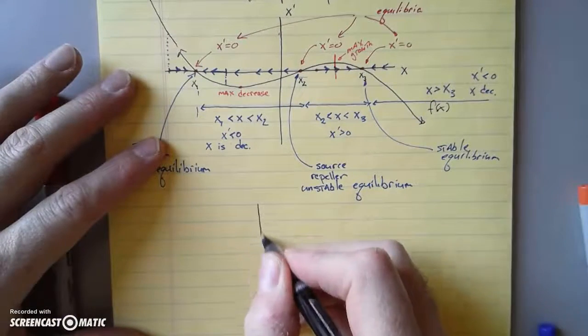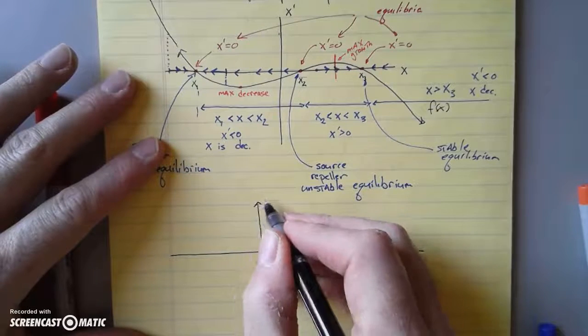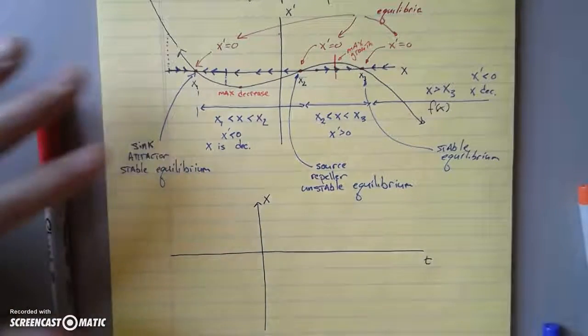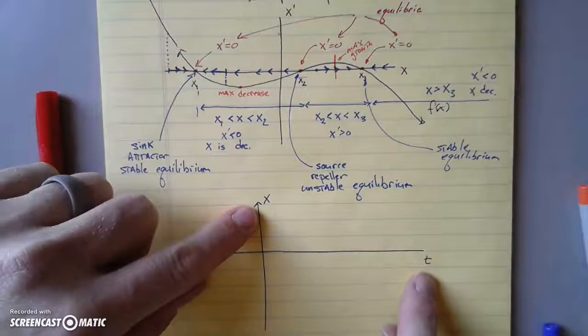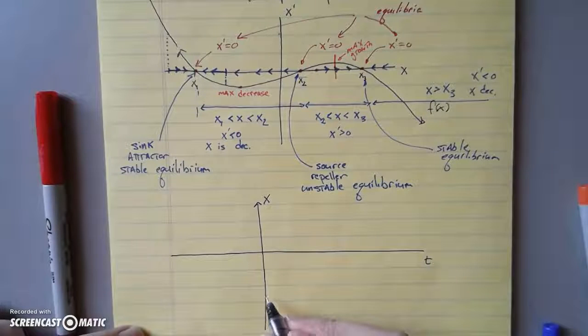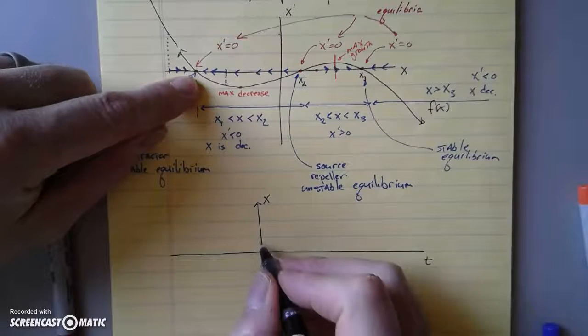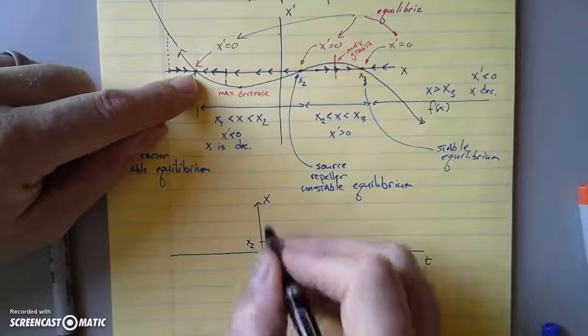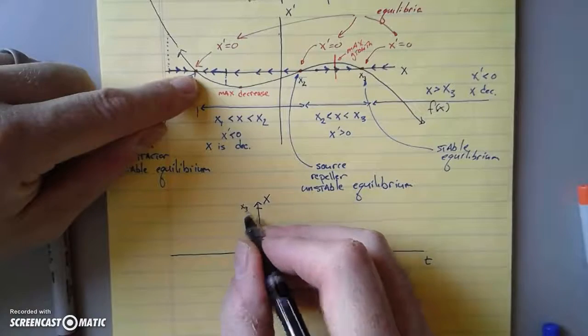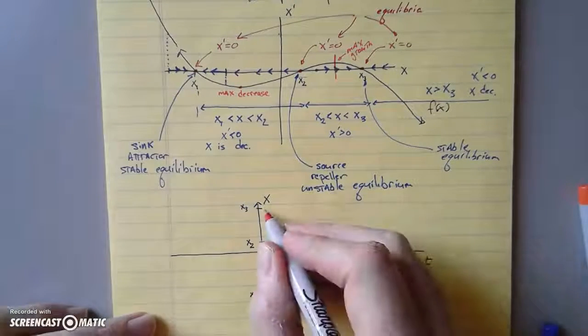So let's try to sketch solutions. So x versus t. Notice the difference on the axes here. So I'm going to plot x1, and then we'll do an x2, and we'll do an x3. So those are perfectly fine solutions.